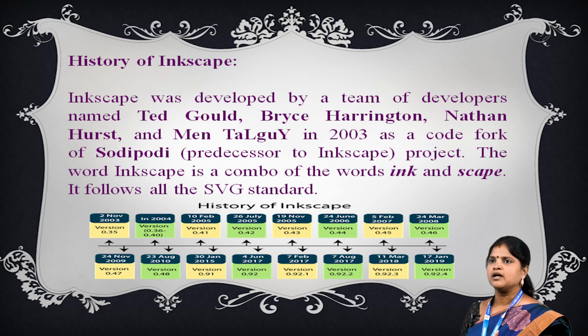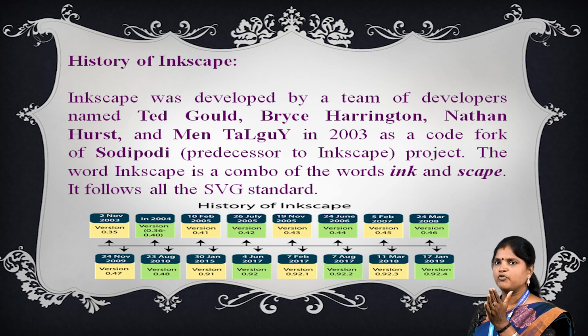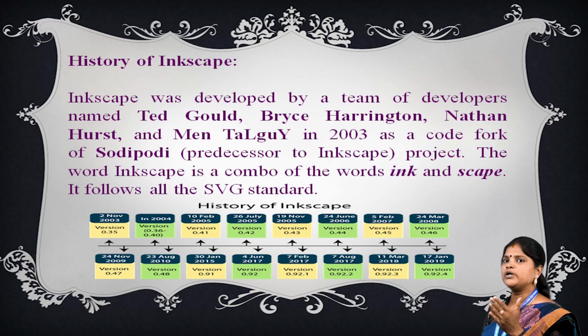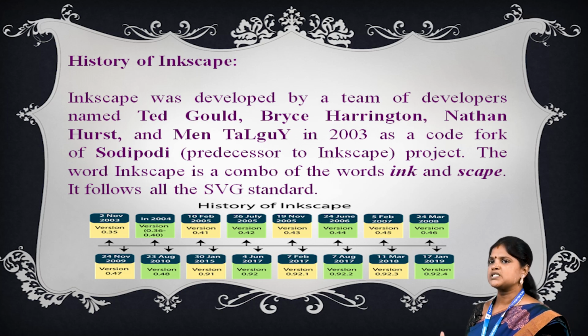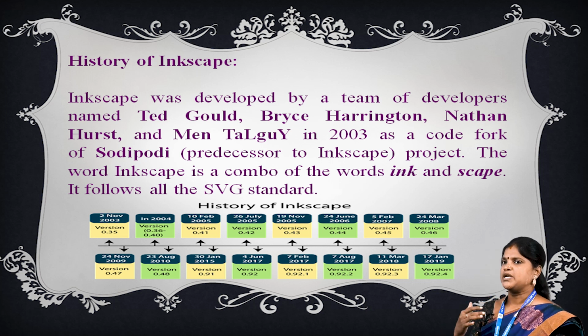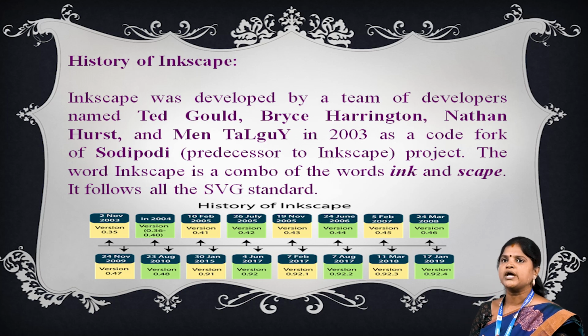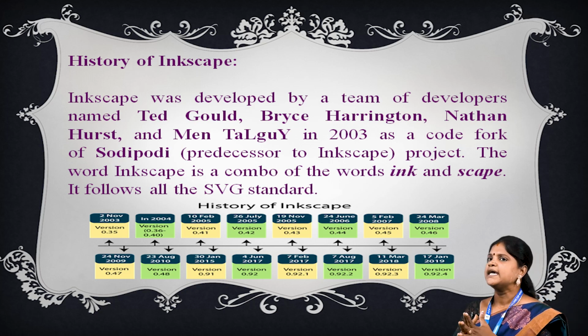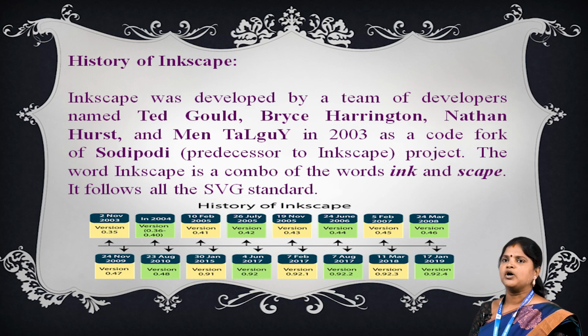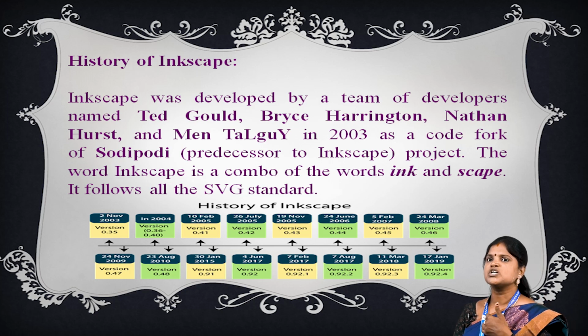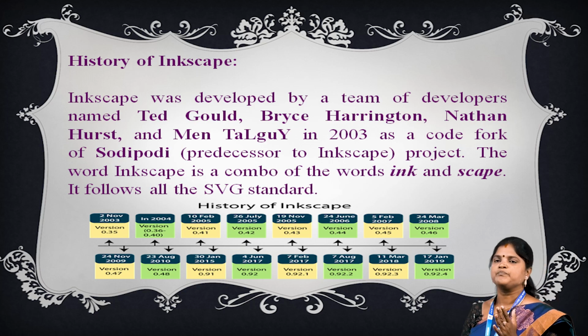In 2010, versions 0.48 to 0.48.5 introduced node editing, tracing, new airbrushes, etc. In 2015, version 0.91 introduced measure tool, new import and export formats, grayscale mode, alignment, etc. In 2017, version 0.92 was released with some features like infrastructure focus, a variety of new path effects, etc. On 7th February 2017, version 0.92.1 was introduced with several bug fixes, etc.